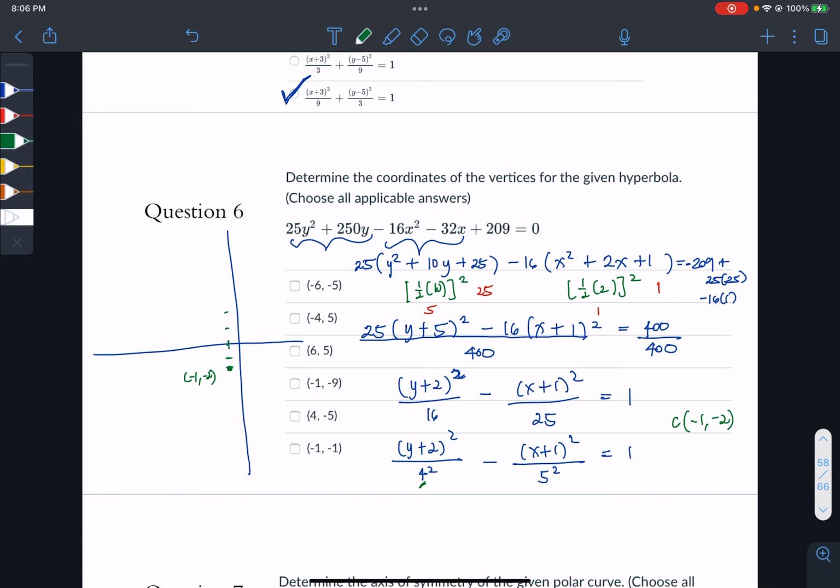Oy, mali. Ay, mali. Sabi ko na. So, that would be y plus 5. Sorry. So, y plus 5 and y plus 5 here. So, mali yung vertex ko. So, the vertex is at negative 1 and negative 5.